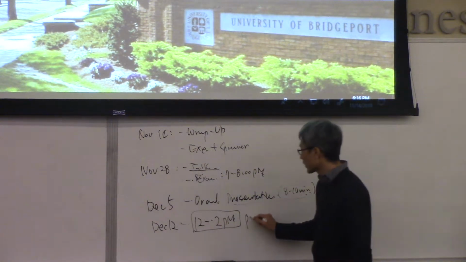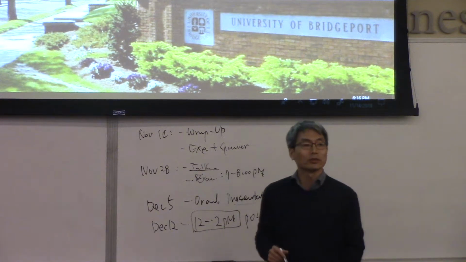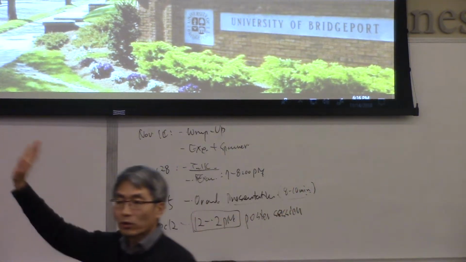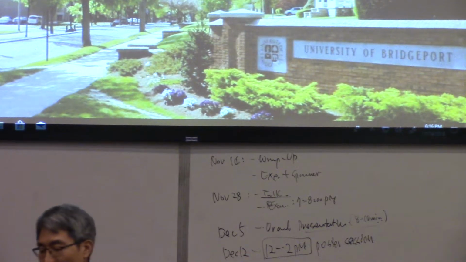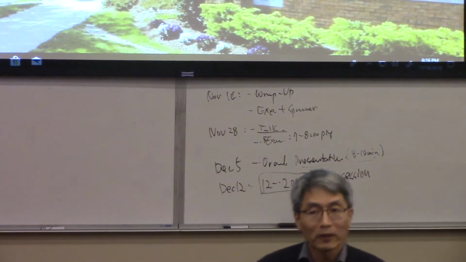So for the poster session, I'm going to ask the printer service to print out your poster, like the posters you can see in the Tech engineering building. We will print out a 2 feet by 3 feet poster, and we will have 10 posters.